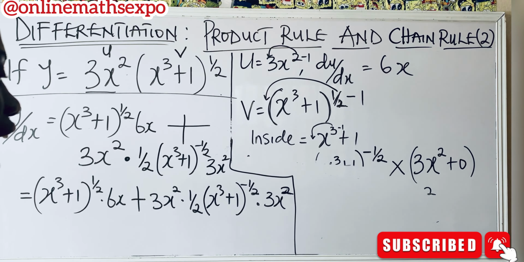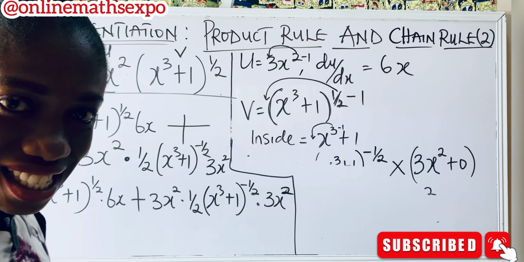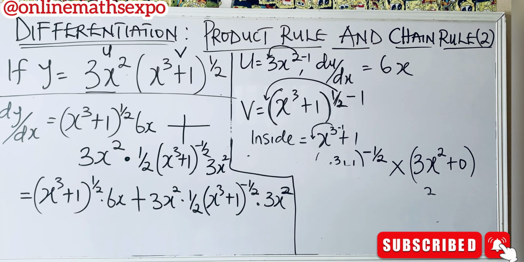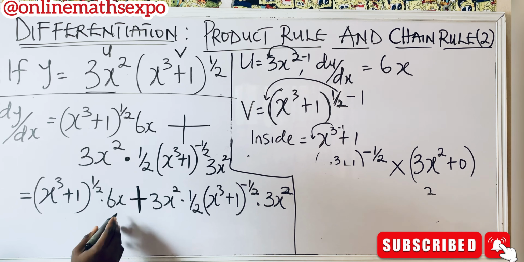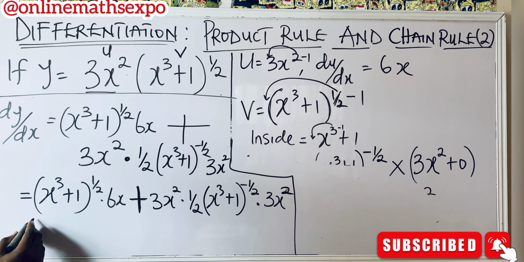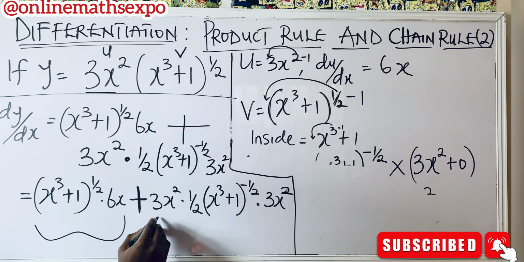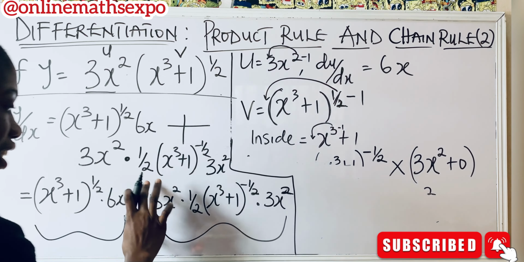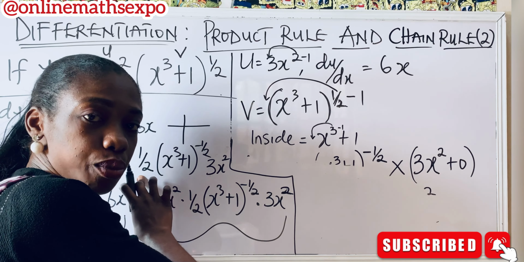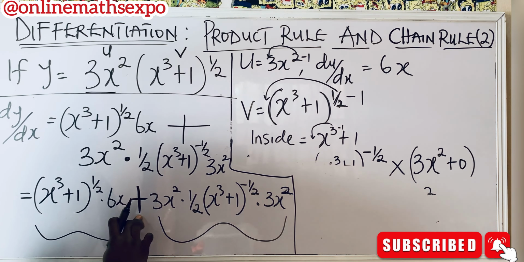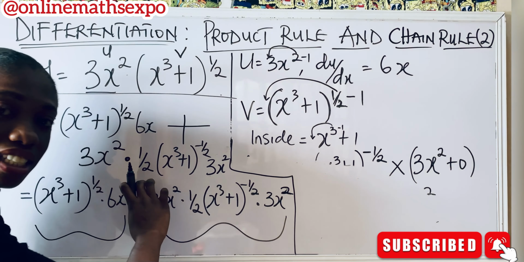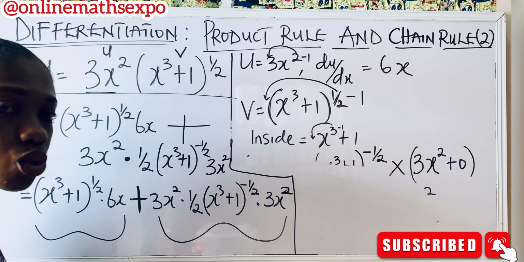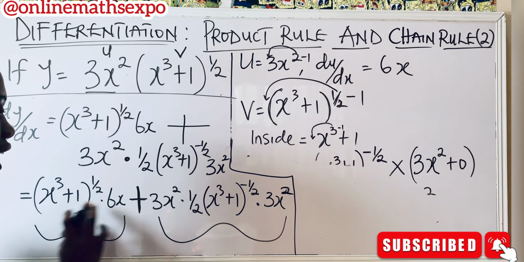Now, when you look at this, how do you simplify it? You notice you have two expressions. You have this expression, and you also have this expression. They are separated by the addition sign. What we're going to do is look at what is common.